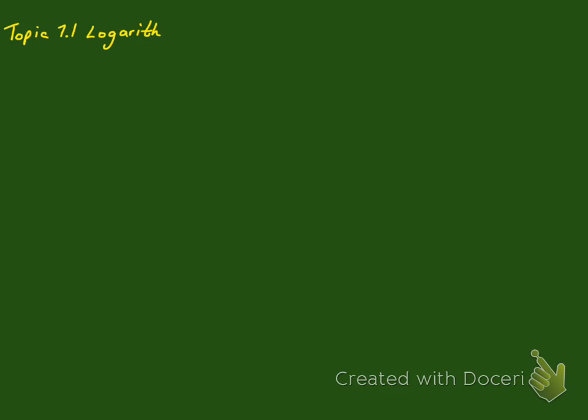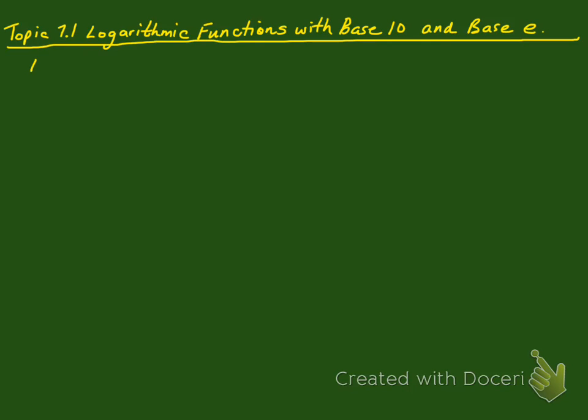Today in Math 30-2, we're going to look at topic 7.1, logarithmic functions with a base 10 and base e. First of all, we know that 10 to the power of 3 is 1,000.